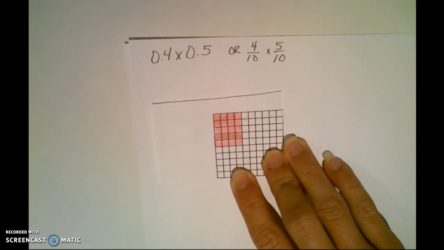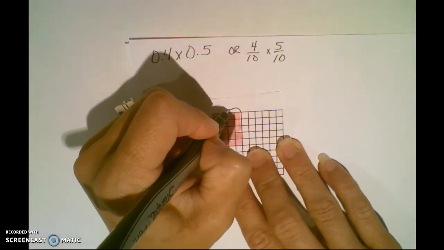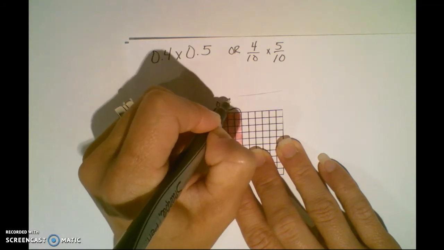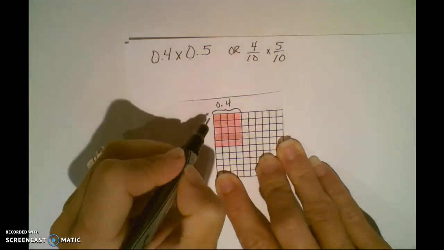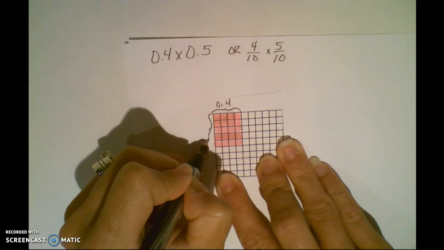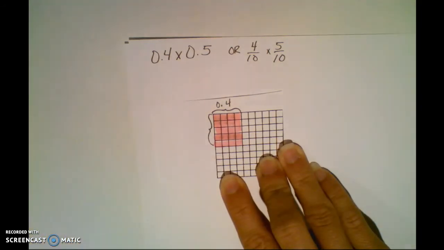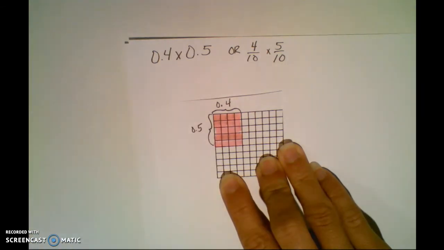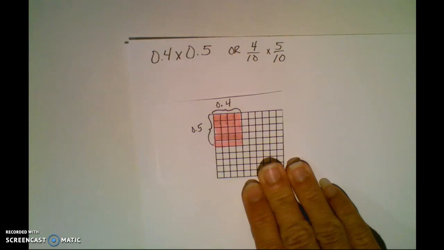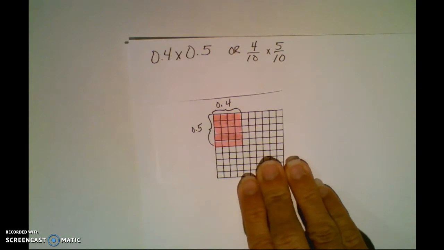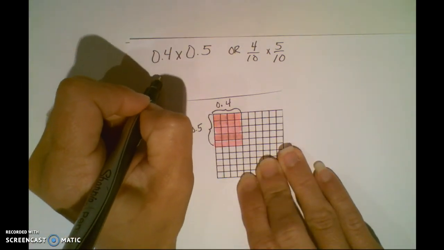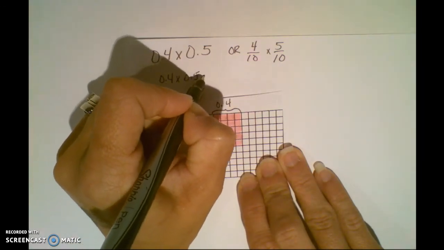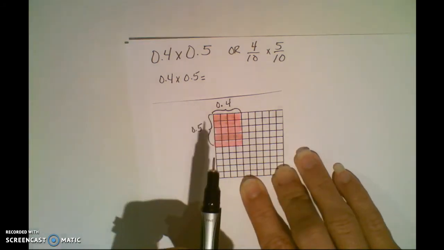So let's look at what we've represented here. The 4 shaded across represents not a whole, but 4/10 of a whole. And the 5 shaded down represents not 5, but 5/10 of all of the rows being shaded down. So what I have here really is 4/10 times 5/10, which equals, well, what does it equal?